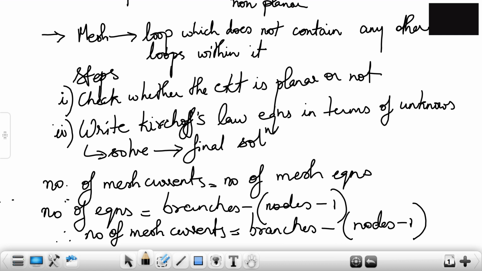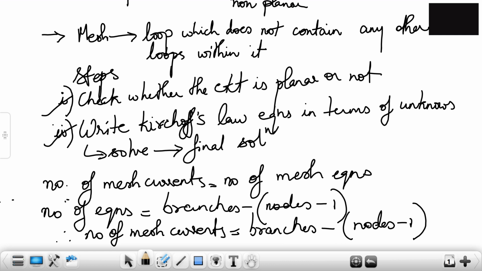Let's just brief this up. What is mesh? Mesh is defined as a loop which does not contain any other loops within it. How do you check whether a network has to be analyzed with mesh analysis? First you check whether the circuit is planar or not.